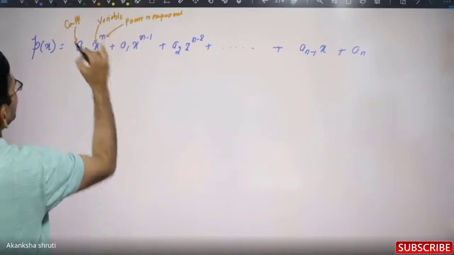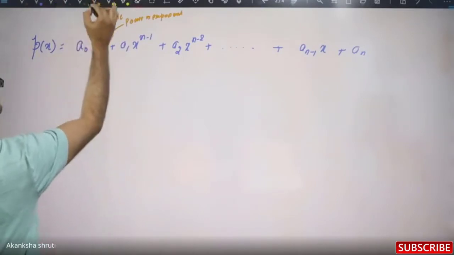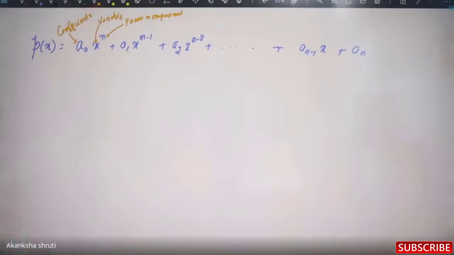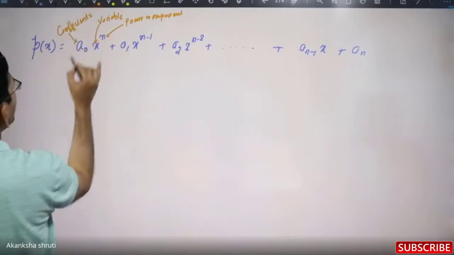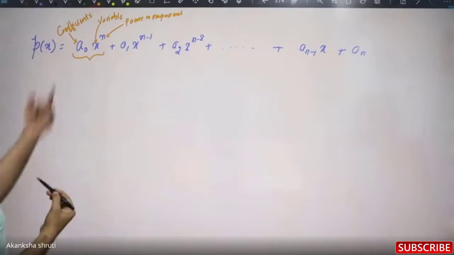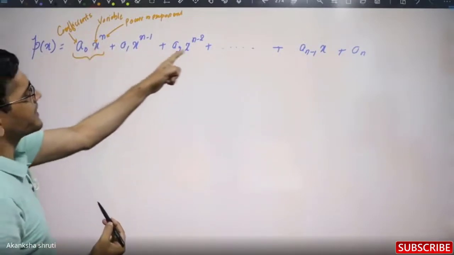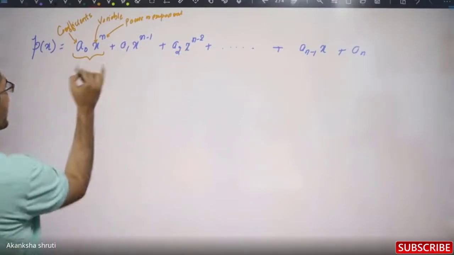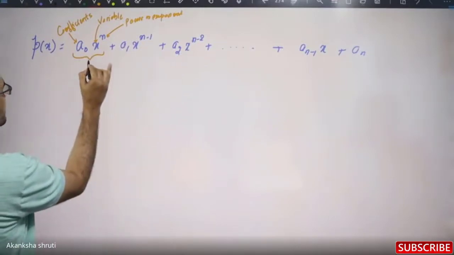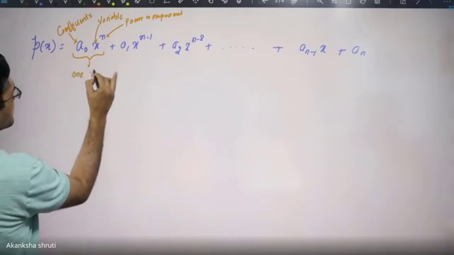Coefficients, be careful student. Collectively, if we are including all these three, means whatever comes in multiple, unless they are separated by a plus symbol or minus symbol, it is forming one term. It is one term.